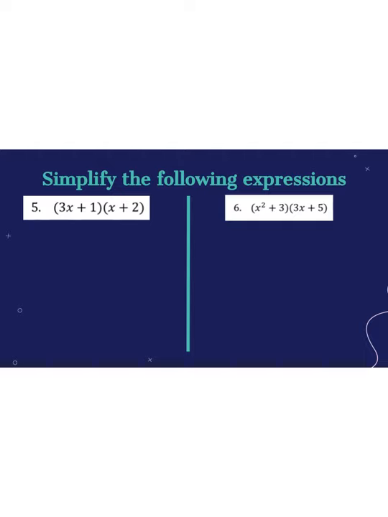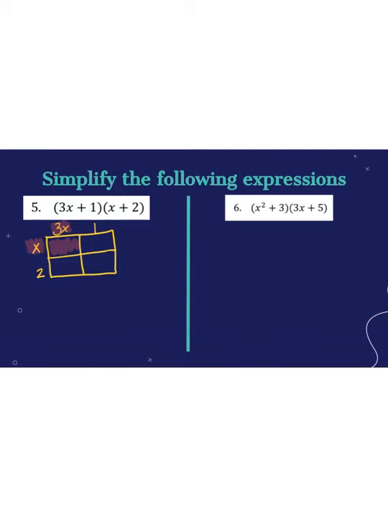All right, we're going to try another one here. So I'm going to start with drawing my box. And my first one is going to say 3x and a 1, it's positive, and then x and a 2. Okay, so the first thing I'm looking at is this right here, and in order to get that, I'm going to multiply the 3 times that.